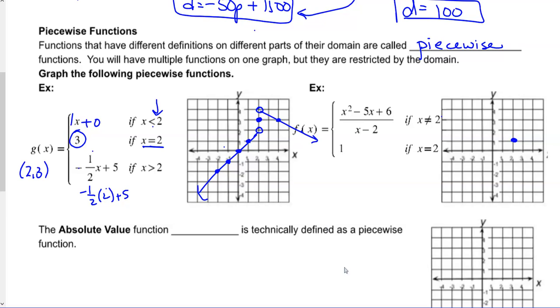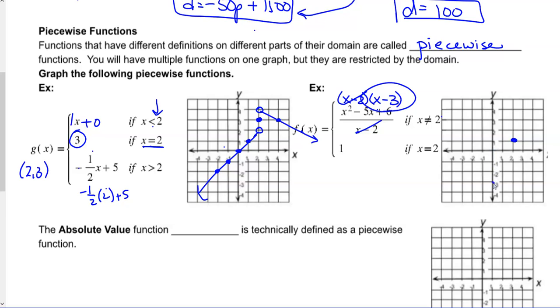So I'm going to factor this and see if I can simplify this rational function even more. So this x squared minus 5x minus 6 does factor as an x minus 2 and an x minus 3. So I'm going to be able to cancel and cancel. So basically the graph that this is taking on is a linear function, but I have to skip over when x equals 2. So let's find out where that line is.